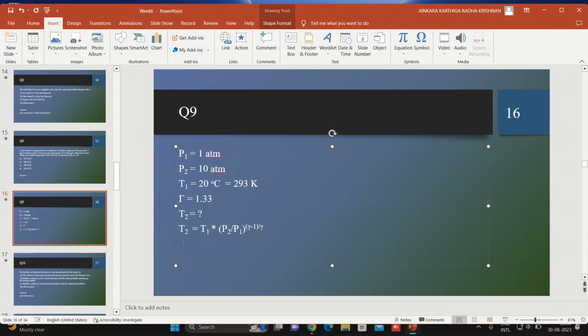So we'll substitute everything over here and we'll see what it is. T1 is 293 into 10 by 1. I mean, the unit conversion doesn't matter here because we know everything. Since P2 by P1 is in the ratio, it doesn't affect much if we don't change the unit.